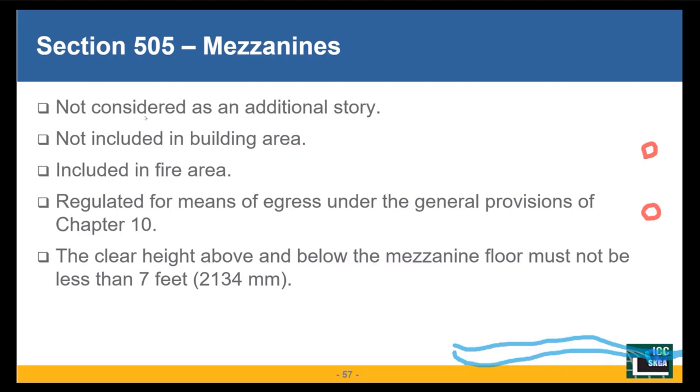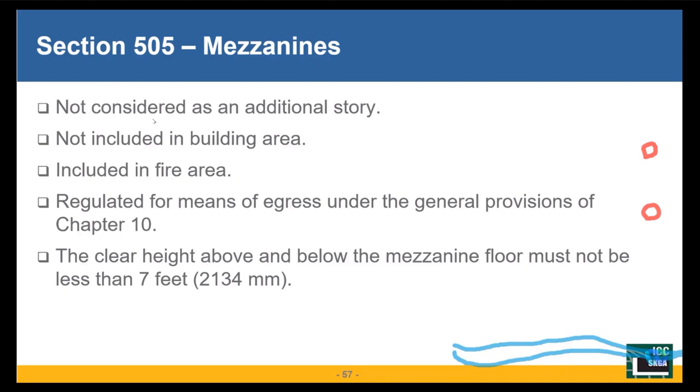Now, mezzanines. Mezzanine is defined in the code, and incidentally, every time you encounter a new term, I highly encourage you to go to section 202 in chapter 2 and review the definition. The definition will give you a lot of information, and every term is listed alphabetically. Mezzanine will be under M. So what is the advantage of a mezzanine?